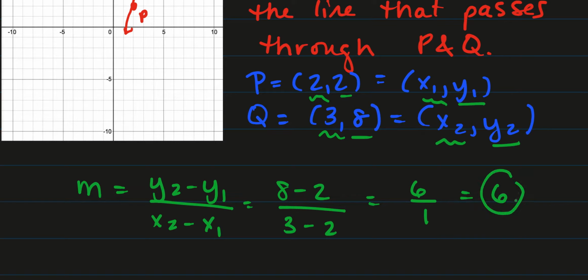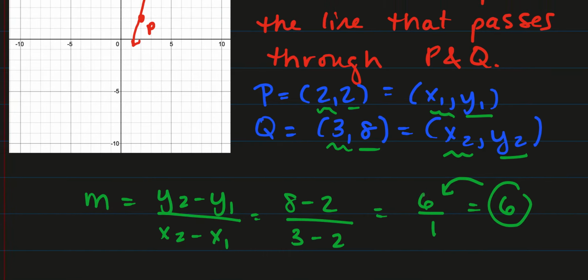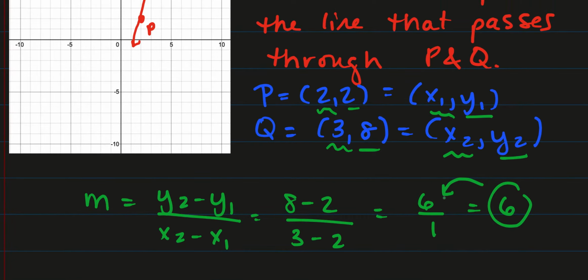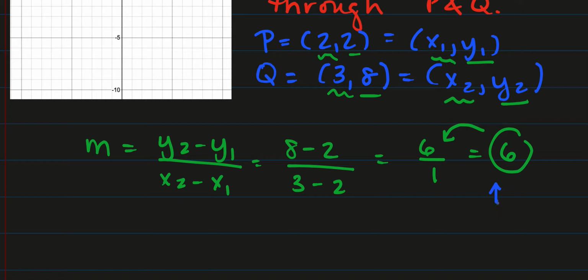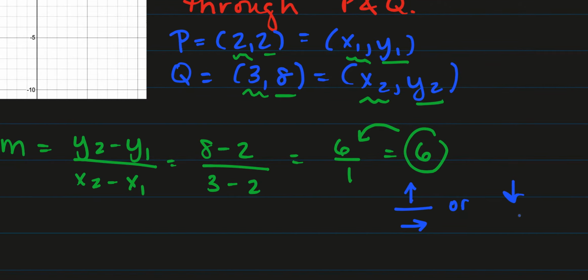Now, any whole number can be written as that number divided by 1. So what I would do on my homework is I would write it like this with the understanding that it's 6 divided by 1. Which means we go up 6 and to the right 1. Remember, if you have a positive number, you're going up and to the right, or down and to the left. Okay?